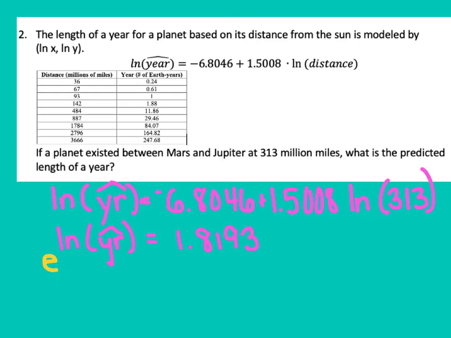I need to exponentiate. The base of the natural log is e, so when I do that, that produces just y hat, or the predicted years, is equal to e to the 1.8193, and that gives me approximately 6.168, and that is Earth years, the units on my response variable.